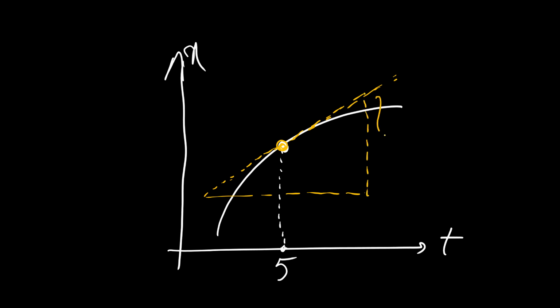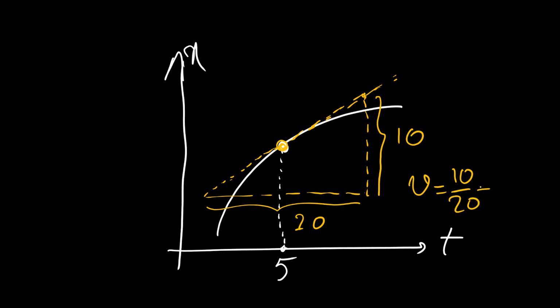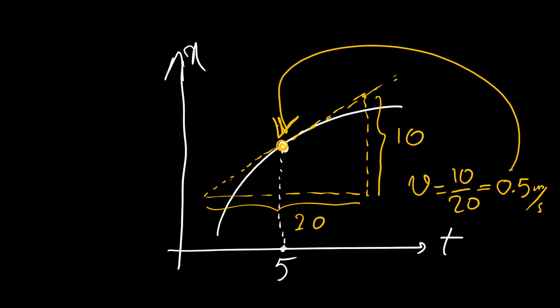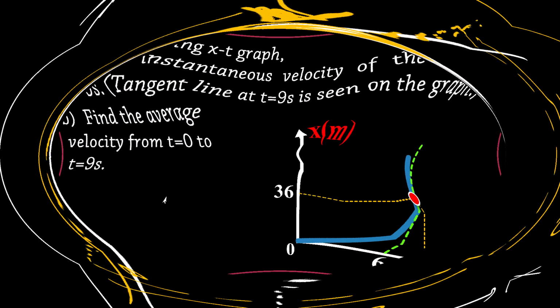Let's say the height of this triangle is 10, and the horizontal is maybe 20, whatever. So the velocity, which is the instantaneous velocity, is 10 over 20, the slope of this tangent line, which is 0.5 meters per second. This is the slope of the graph at this point, the velocity of the motion at this point. That's all. For the other point, you should do the same thing and find the other slope.